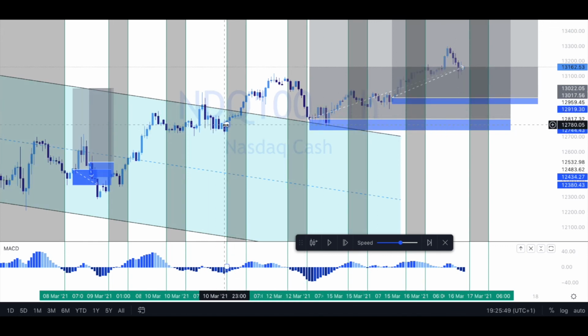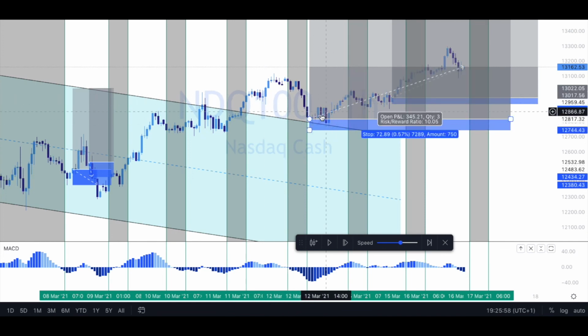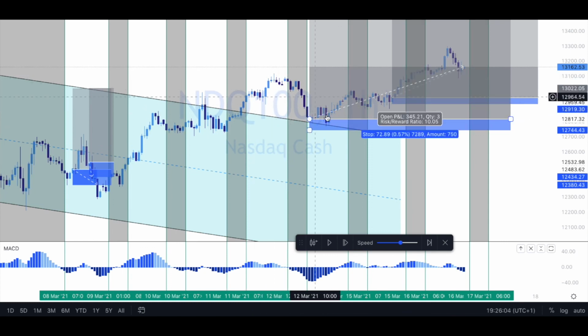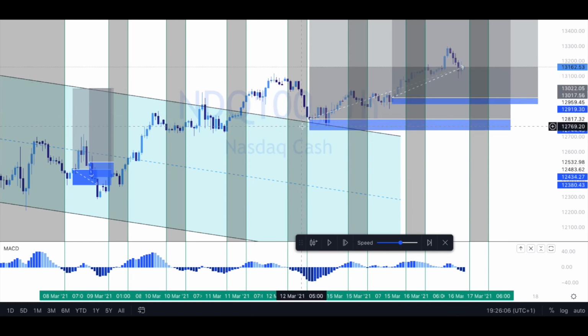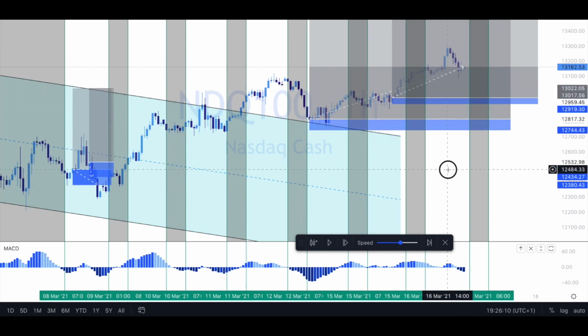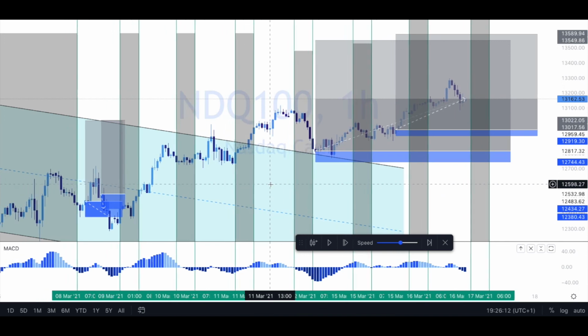If you managed to get this one right here and then we rolled it all the way up to this level, and then we had a trailing stop, and say for example it came down, closed us out, then we jumped in again over here and rode it out. But this area I couldn't really read properly because I was waiting for the pullback, and I was right to do so. So in the end it's worked out great in terms of the results that we've gotten out of this overall backtest.